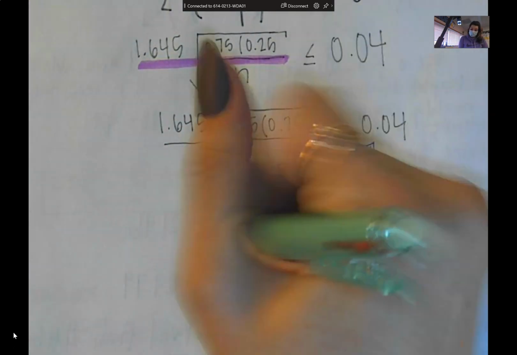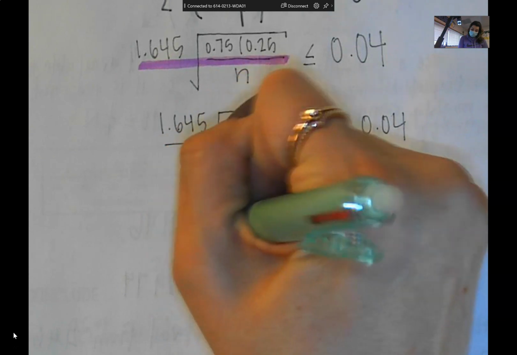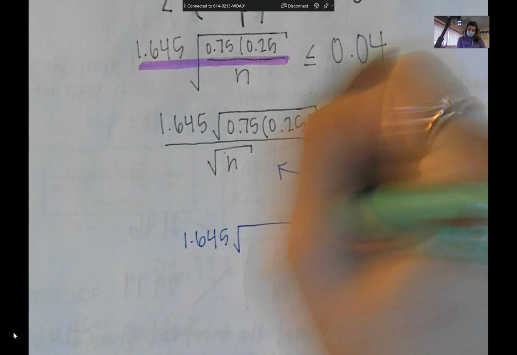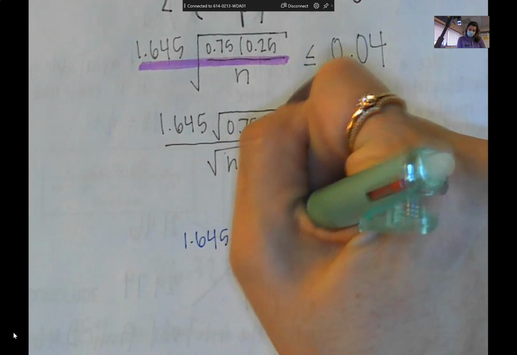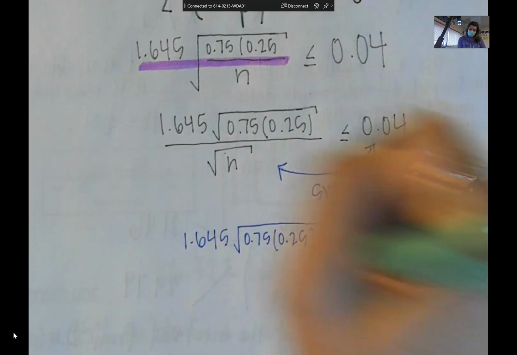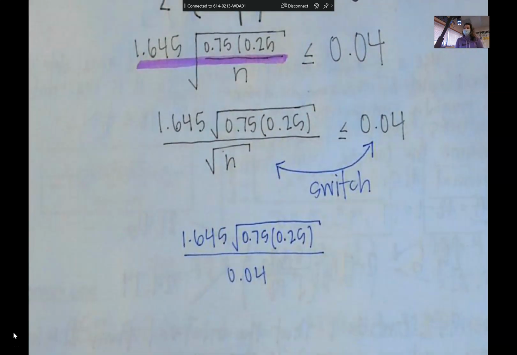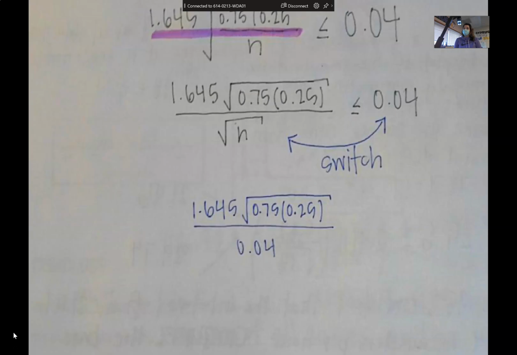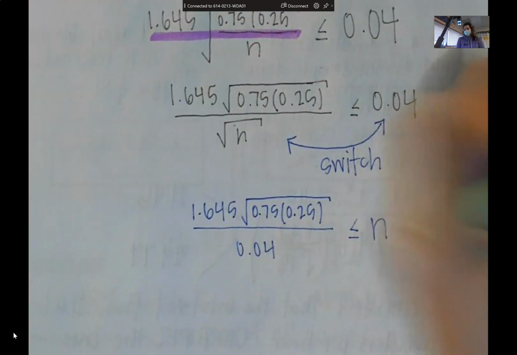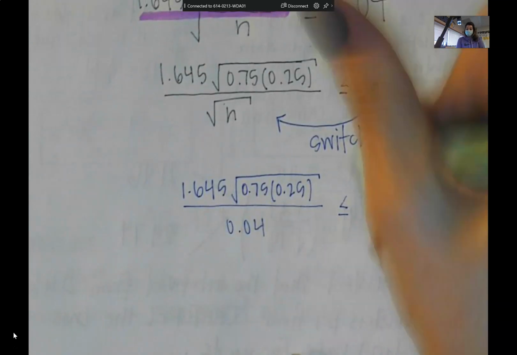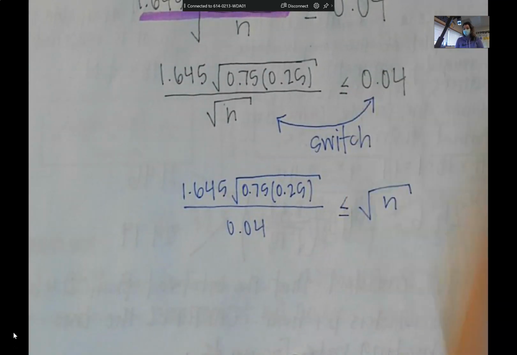So now we have 1.645 times the root of 0.75 times 0.25 all over 4%. That's now got to be less than or equal to root n.